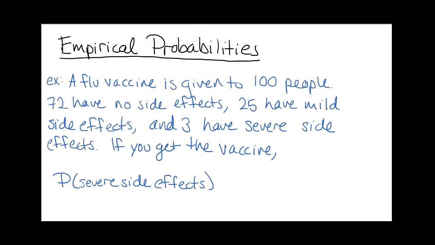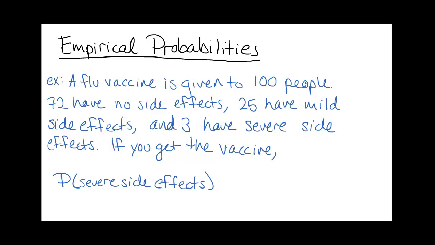Related to this process of having equally likely outcomes is what's called empirical probabilities. And this is going to be a lot more useful in the statistics side of things, since, of course, we're not usually doing statistics on things like flipping coins or rolling dice. So the idea of an empirical probability is that we've got some amount of data about some things that have already been observed.